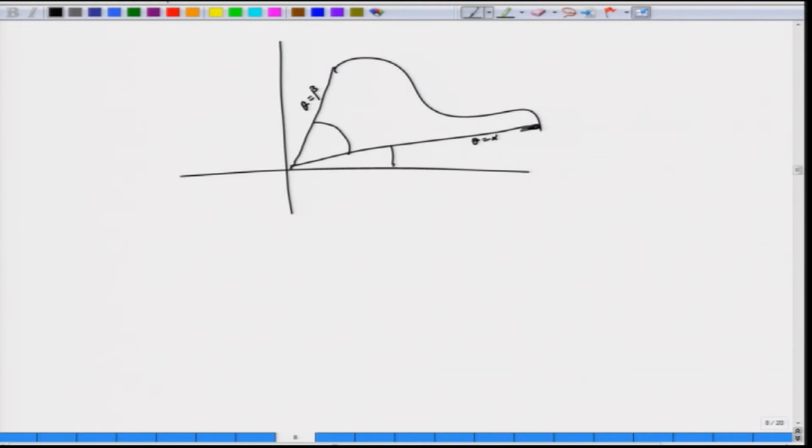So, let us make a partition of this. Now here, we want to get the area of each of these sections.